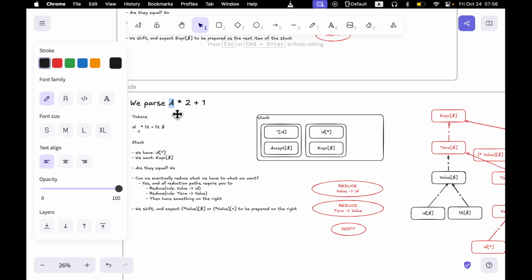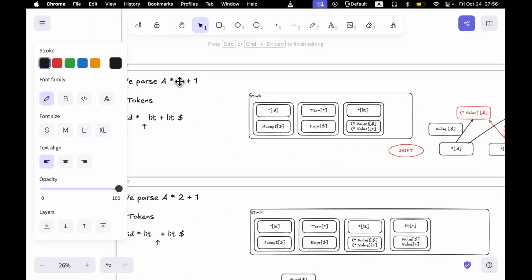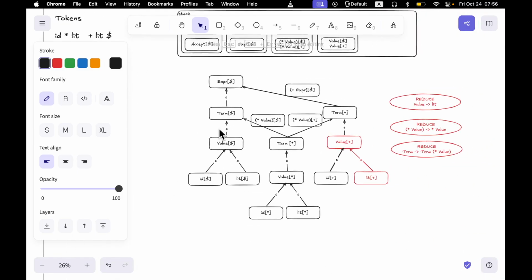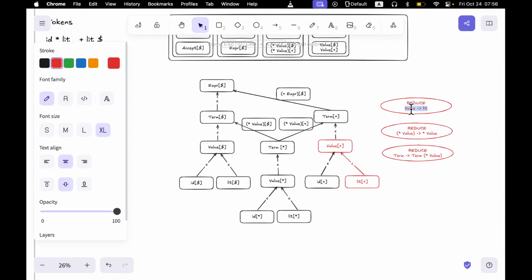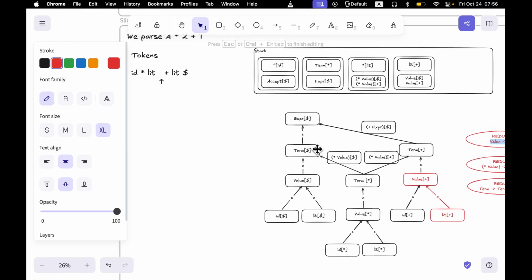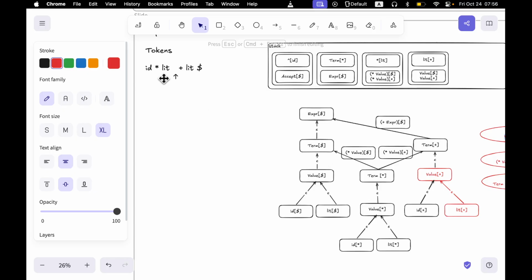So the A is parsed as an identifier, then a value, and then a term, and then you shift, which corresponds to this star character, and you shift once again, which corresponds to this 2 character, which is a literal, and then you reduce this literal into a value 2, and then you reduce star and the value 2 into a star value, and then you reduce the term.